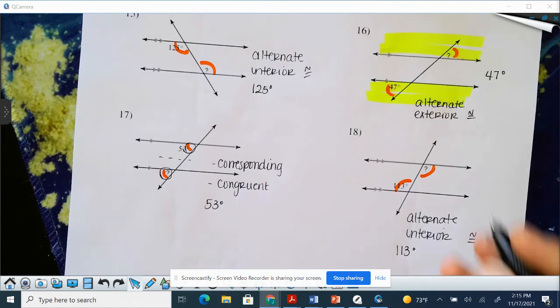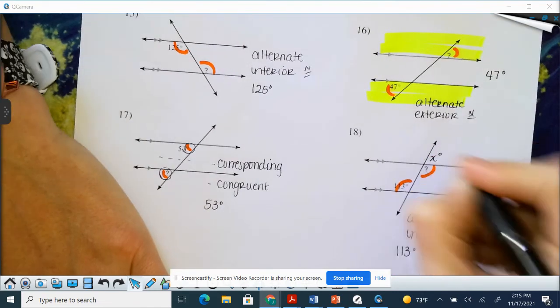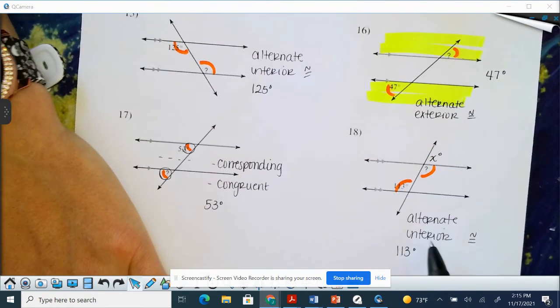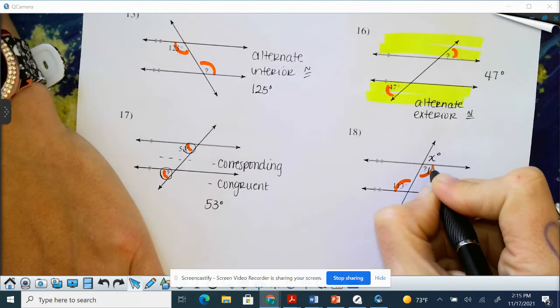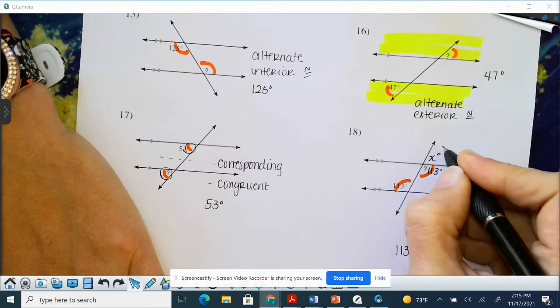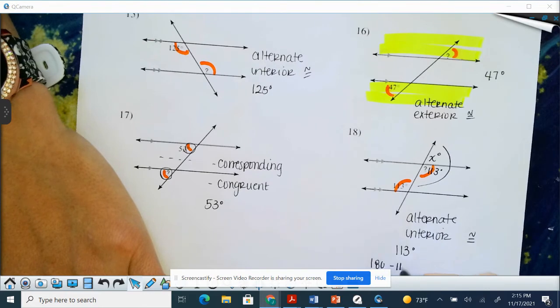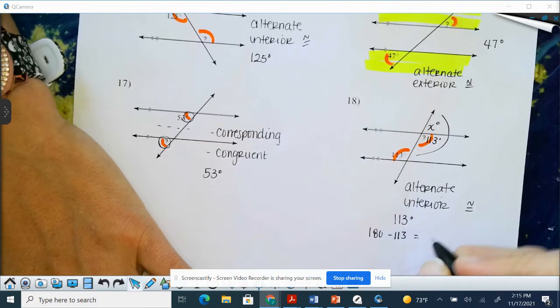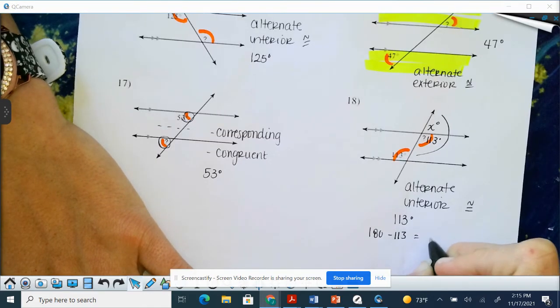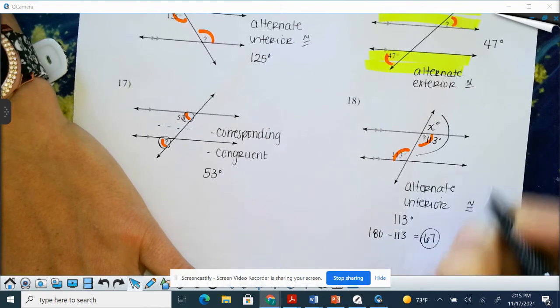So if my x had been here and not a question mark here, you would still use this same rule. And so we know this is 113 degrees, and we know this is a linear pair. So 180 minus 113 is going to give us 67. So then we know this is 67.